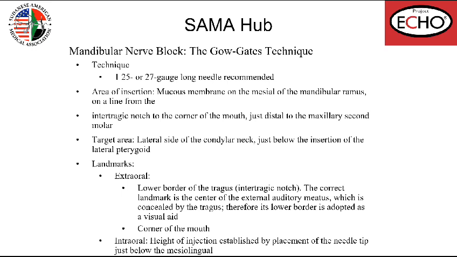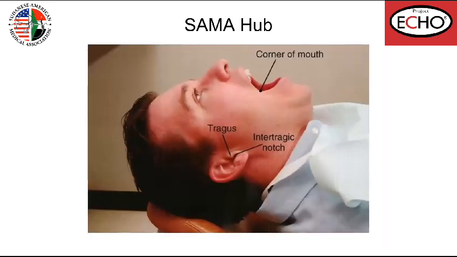Landmarks extraorally: lower border of the tragus. The correct landmark is the center of the external auditory meatus, which is concealed by the tragus. Therefore, its lower border is adopted as a visual aid, along with the corner of the mouth. The intraoral landmark is the height of injection, established by placement of the needle tip just below the mesiolingual cusp.